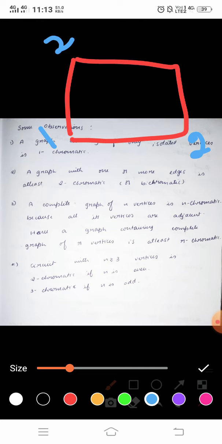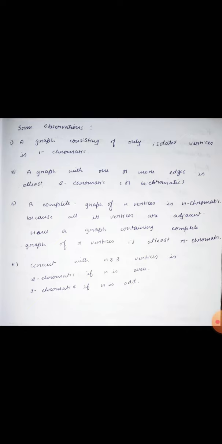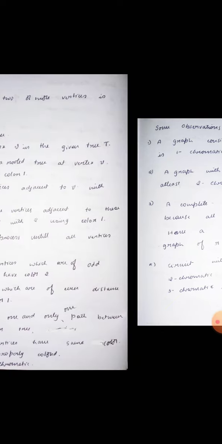Here I can paint with color 1, because this is not adjacent to the vertex colored with 1. The minimum number of colors required to paint this graph is 2, so this graph is 2 chromatic. If you take any circuit with an even number of vertices, you will find it is 2 chromatic. You can check using examples.